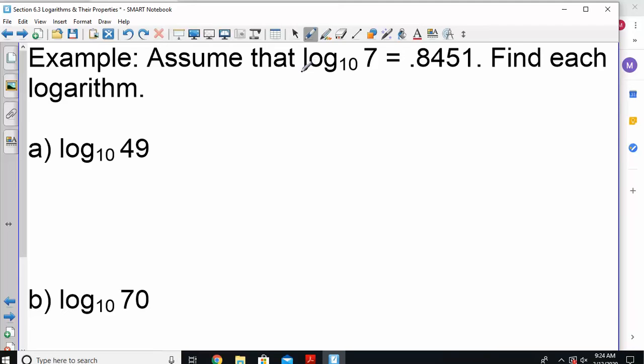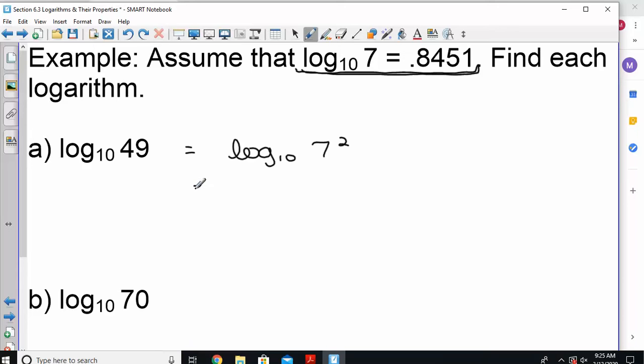I am going to tell you that log base 10 of 7 is equal to 0.8451. So we are going to use that, and using only that piece, I want you to evaluate these things. So if I said log base 10 of 49, and the only thing I know is log base 10 of 7, what did you do? 49 is the same as 7 squared.